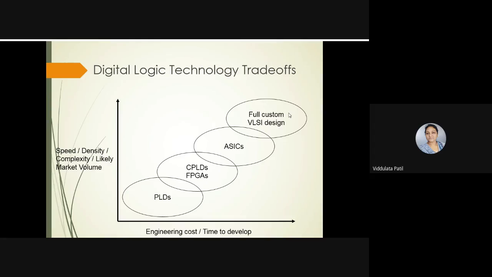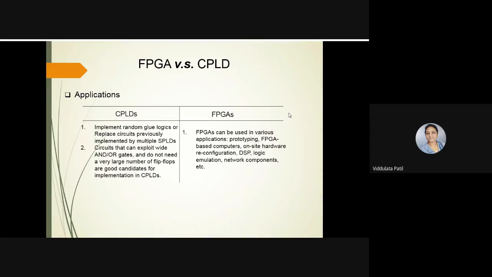Okay, so that means the cost will be higher, as well as the time to develop that circuitry will also be higher. So that is the trade-off which we see in digital logic technology.